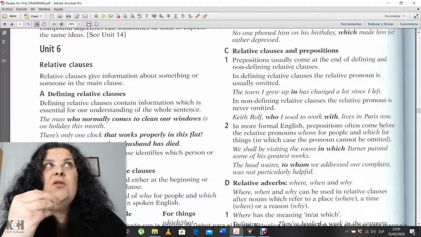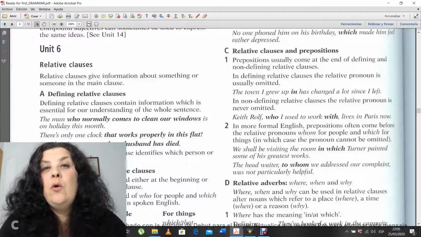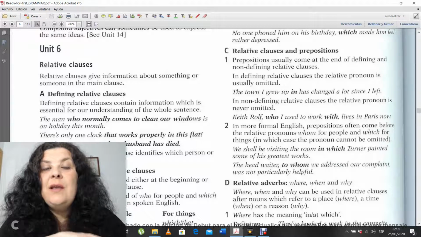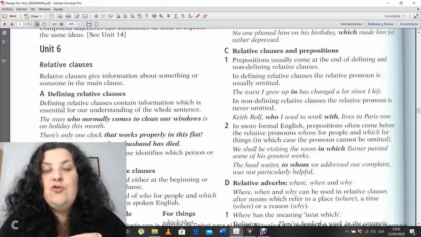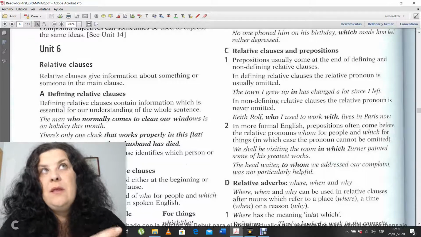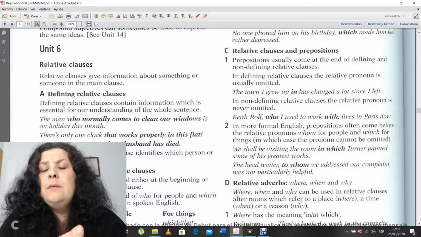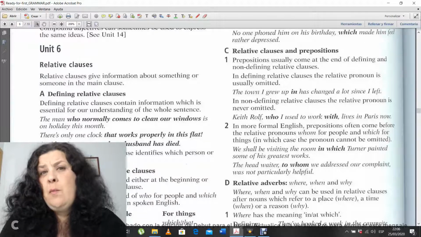If I say to you something like, the man who lives next door is a doctor, in that sentence, who lives next door is the relative clause. Okay? If I take that relative clause out, I am left with, the man is a doctor. So the problem is that we don't know which man we are talking about.